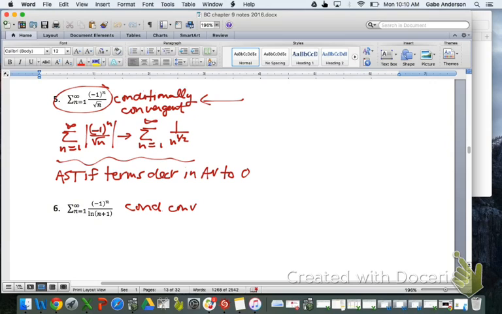The AST is pretty easy with this one. So if you say n equals 1 to infinity, you take away the alternating element, and then we look at it in terms of just that, we just have to say this would be 1 over ln of n plus 1.